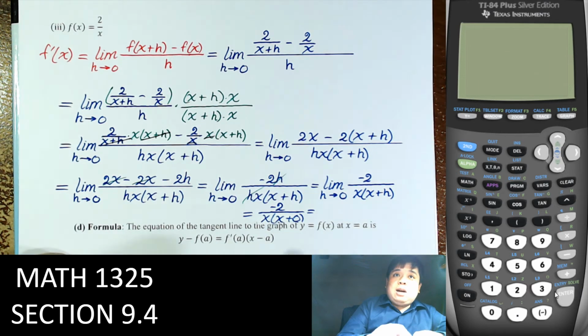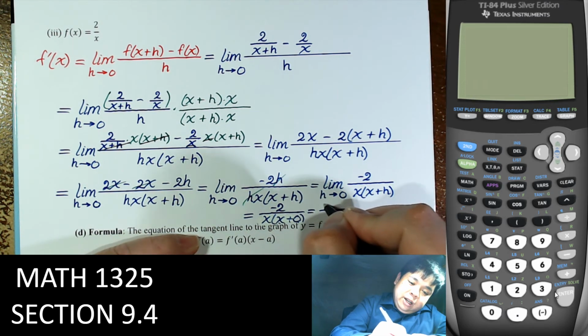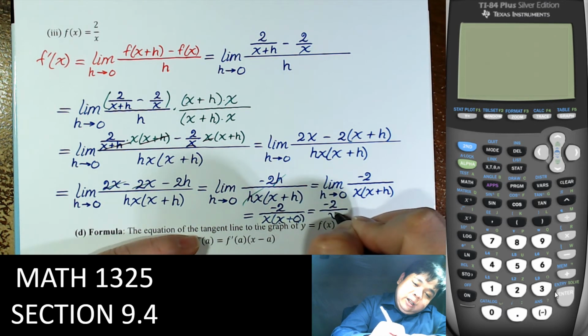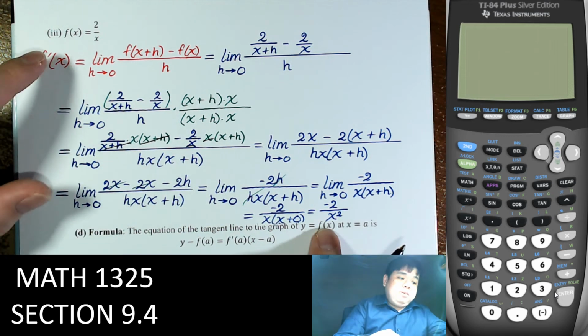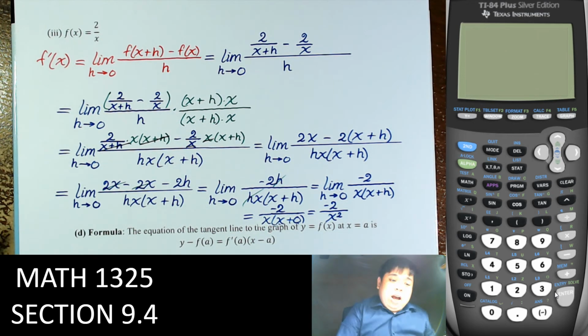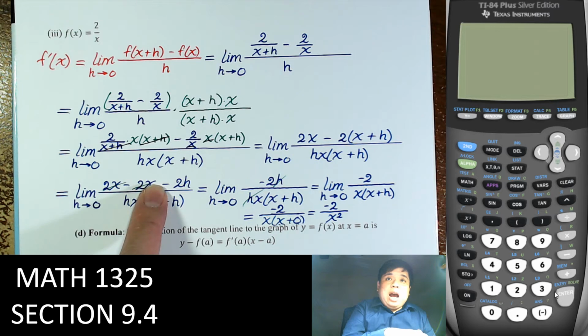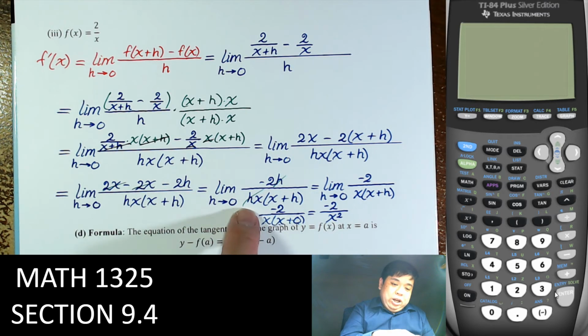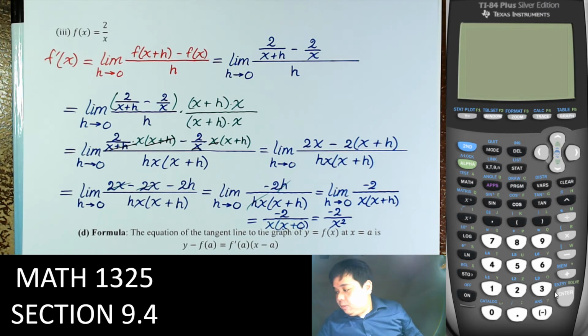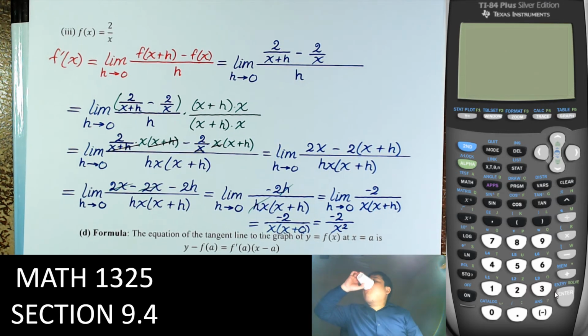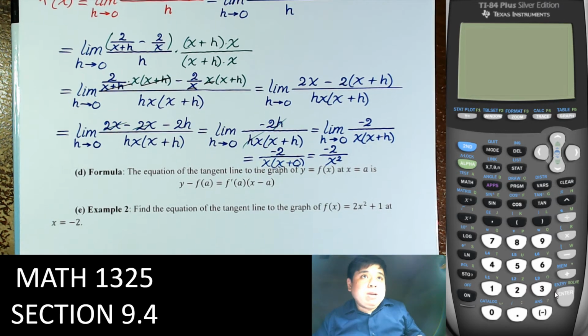So that's just x times x, so we have negative 2 over x squared. So that is the derivative of 2 over x using the definition. Like I said, if we do it correctly, usually we'll cancel everything without an h, and then later on we cancel the h at the bottom. Right, so that is the derivative.